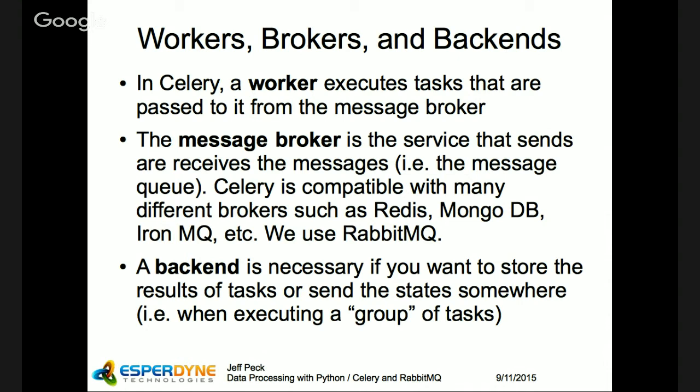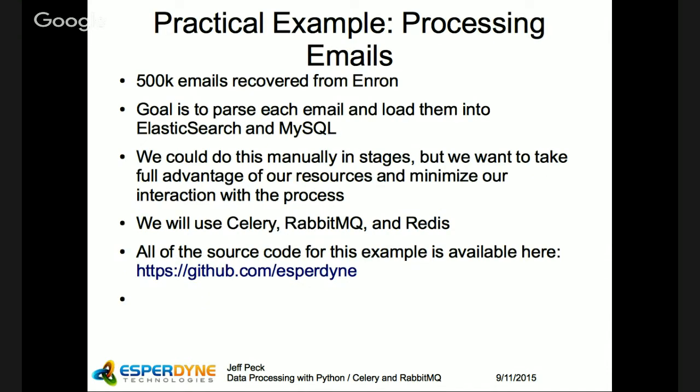In Celery, it's recommended to use Redis as the backend, but once again, you can choose from a variety of different backends. It all depends on your various needs in terms of performance, what kind of tasks you're doing, how many tasks, etc. So that is the worker, message broker, and backend. So now we're going to get into the practical example.